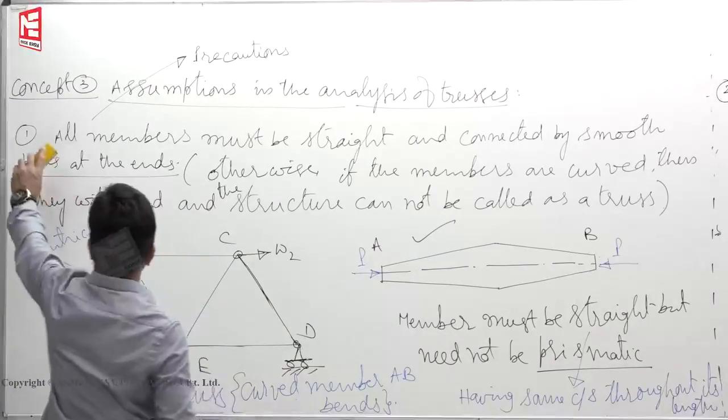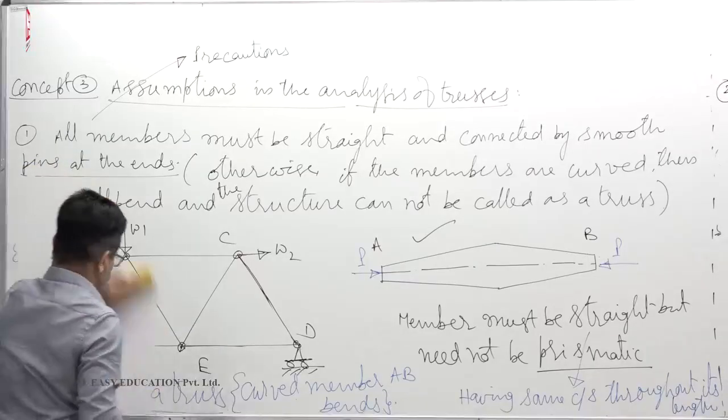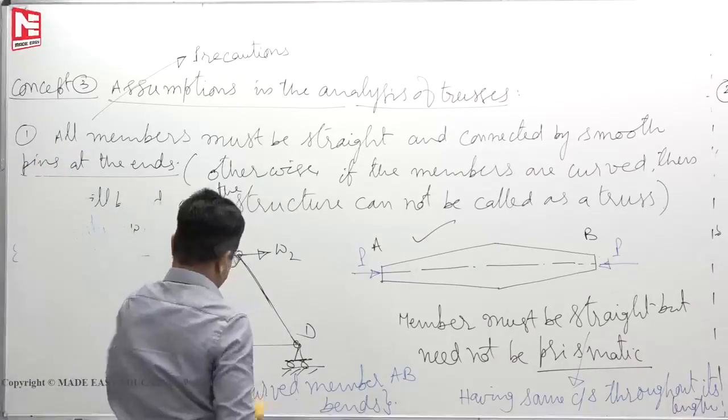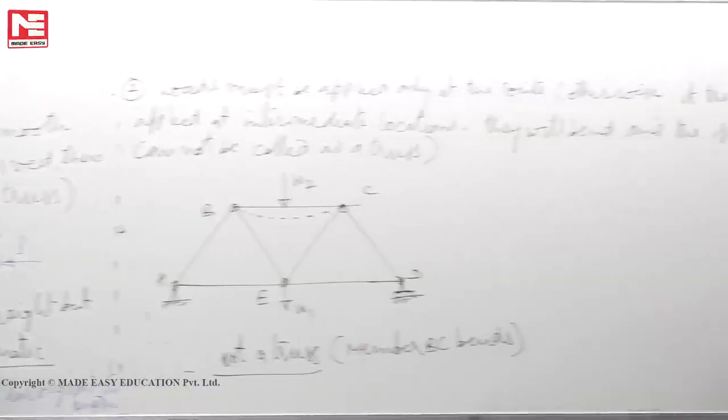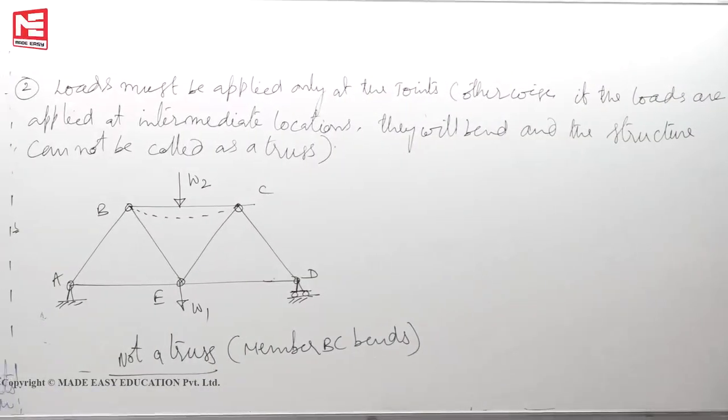See this fourth point. Why we are having all triangles is this is the reason. Only then it will be stable.